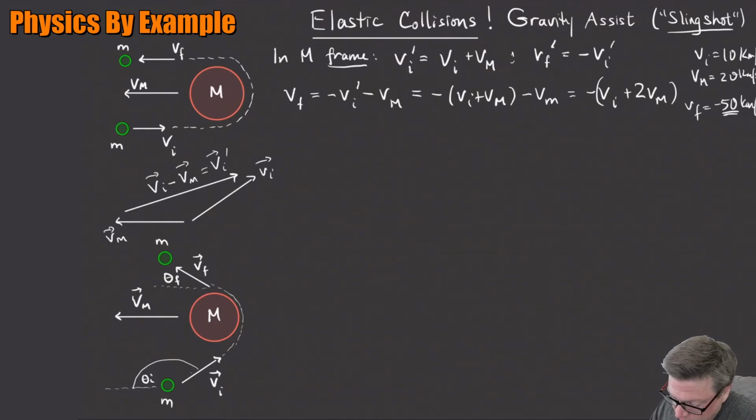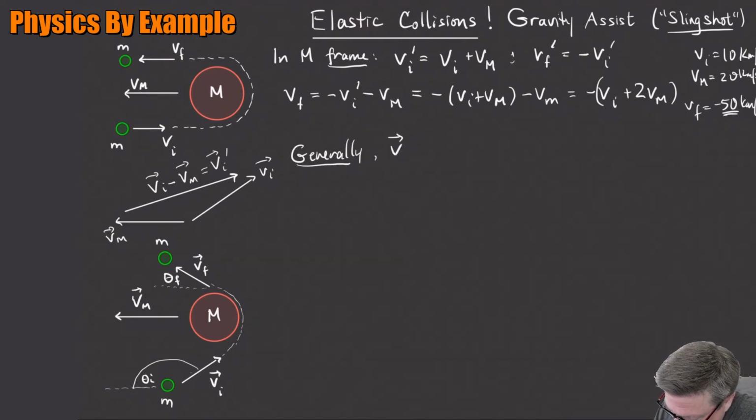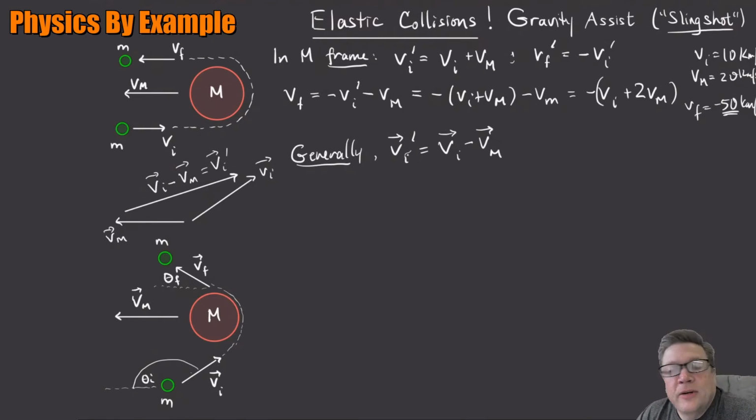So the general prescription looks like this. Generally, to get VI in the planet's frame, VI prime is VI minus VM. That's how we're going to transform frames.